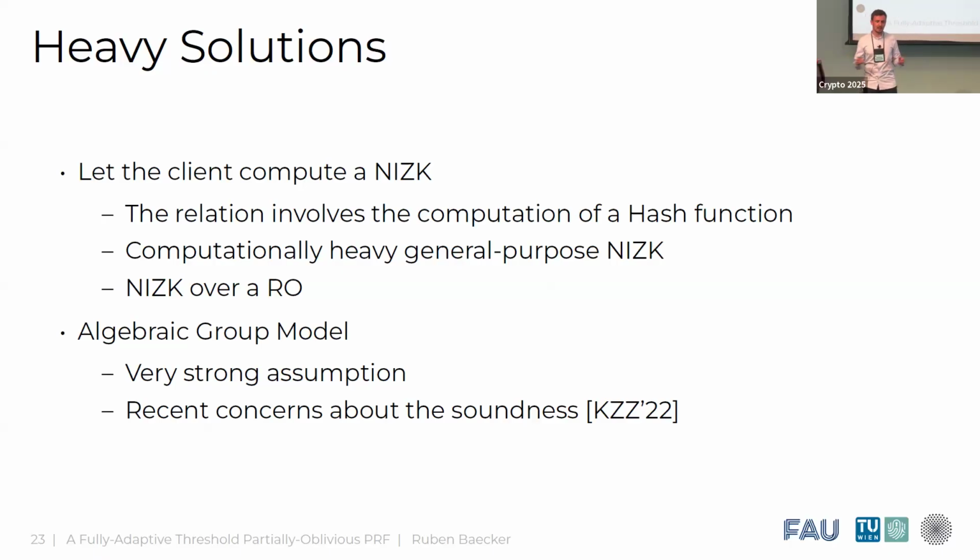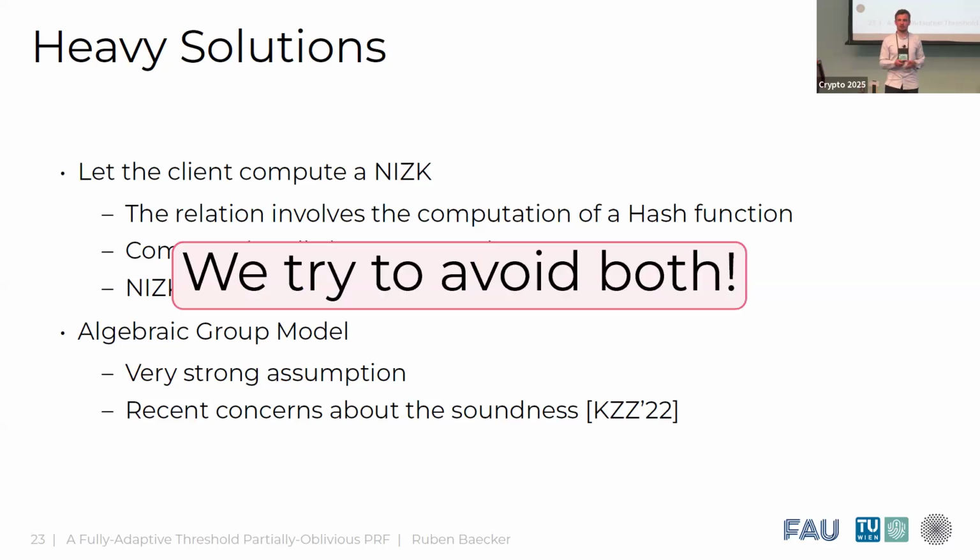But the problem is that the relation involves the computation of a hash function. It is therefore computationally heavy, because we need a general purpose NIZK, and it is also a proof over the random oracle, which is not that nice. The other option is using the algebraic group model, which is a very strong assumption, and there are recent concerns about its soundness by Katz et al. So we try to avoid both.